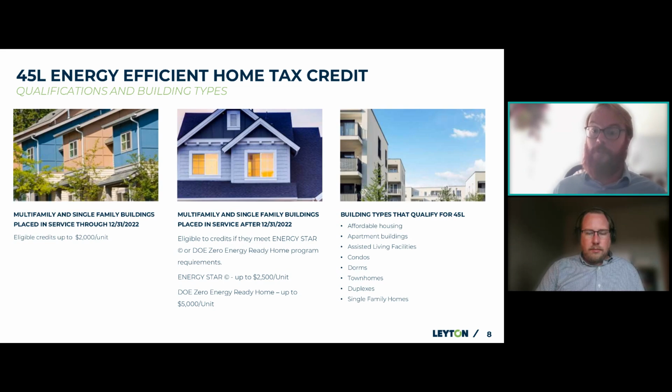With the passing of the Inflation Reduction Act, starting in 2023, they changed the standards so that to be eligible for the tax credit, you need to either meet Energy Star certification or DOE Zero Energy Ready Home certification. And we'll dig into that a little bit more later on. But up front, you should know that with that, they increased the tax credit amounts. So for Energy Star, you can earn up to $2,500 per unit.